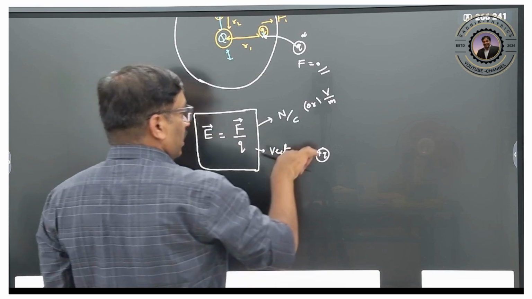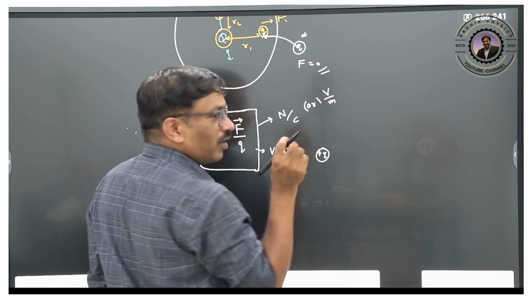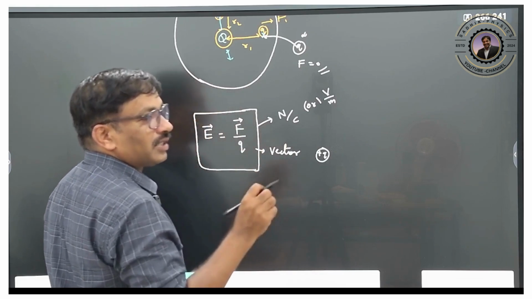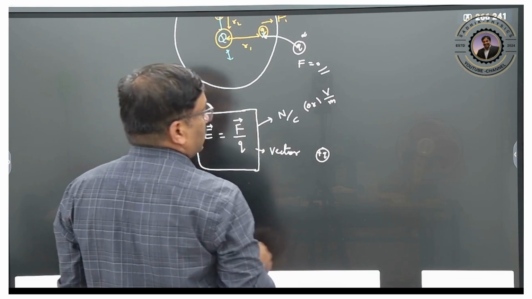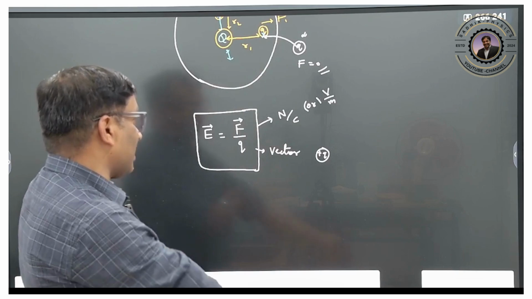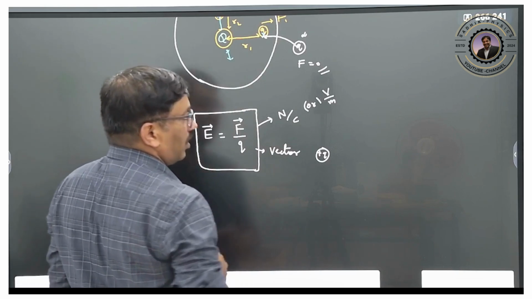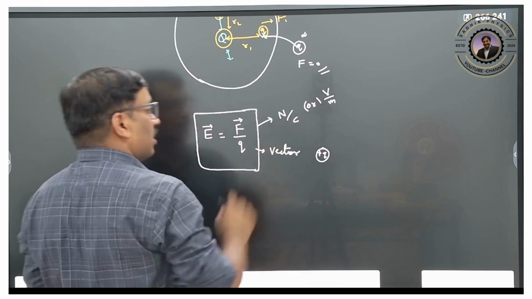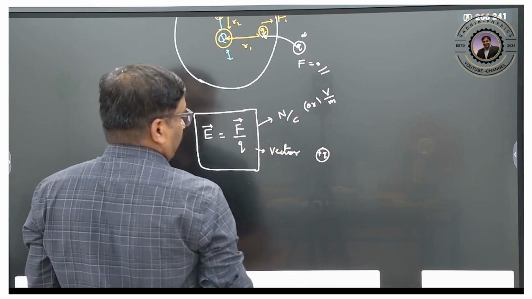That means wherever you want the direction of the electric field, consider a plus 1 coulomb charge. The direction in which the force is experienced by the positive charge is the direction of your electric field.